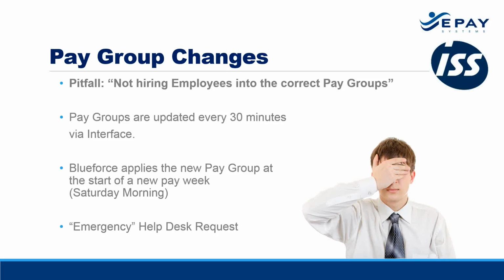What you can only do at this point is either A, wait it out, because the rest of the pay week is going to be on the non-union pay group in this scenario, or we can put in an emergency help desk request, and someone on the ePay team can go through and help you revert that back to the beginning of the pay week.